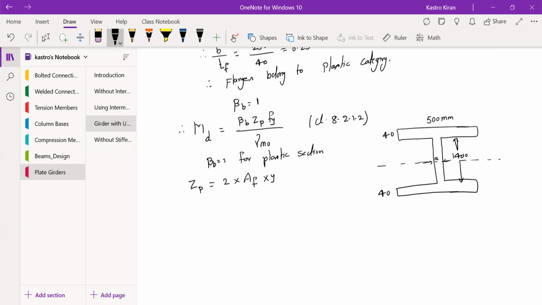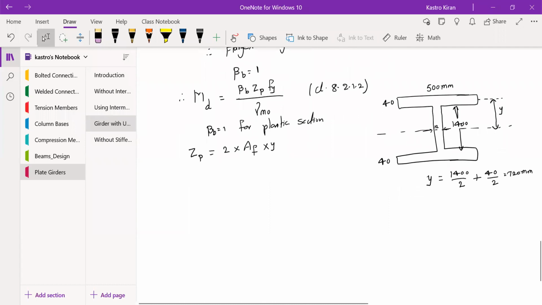The distance y is measured from the center of the flange to the center of the I section. So how to get this y? y equals 1400 divided by 2 plus, from the center of the flange, 40 by 2, which will be 720 mm. So that's how you can calculate the value of y.